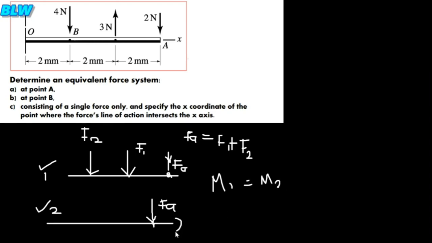So for an equivalent force system, you can represent a number of forces with a single force equal to those forces, and when you do that, the moment of the forces will be equal to the moment of that single force about a specific point. That's what the equivalent force system is.